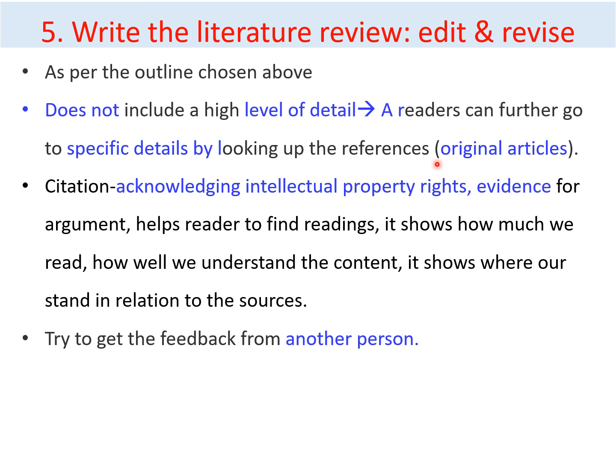By looking up the references, a reader can get the original articles to read further on some concepts. We have to properly cite our references because citation is used as an acknowledgement of intellectual property rights, and it can be used as evidence for our argument.